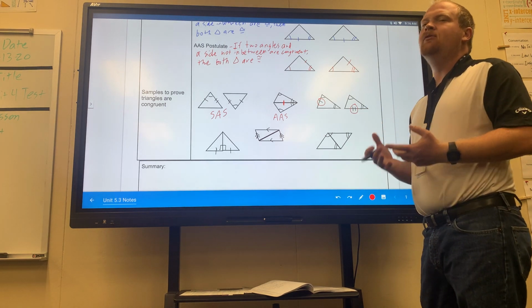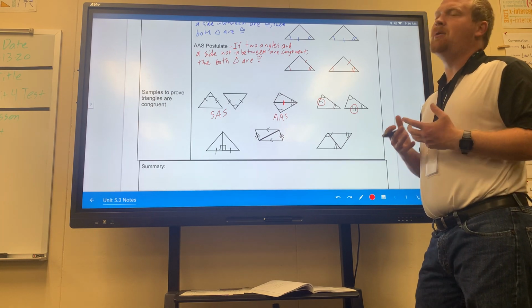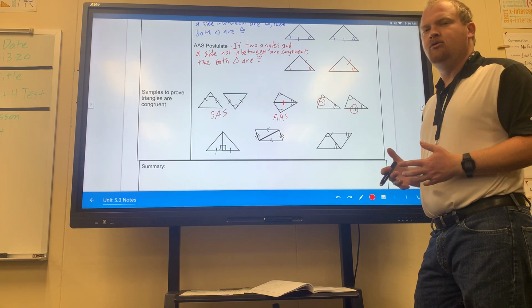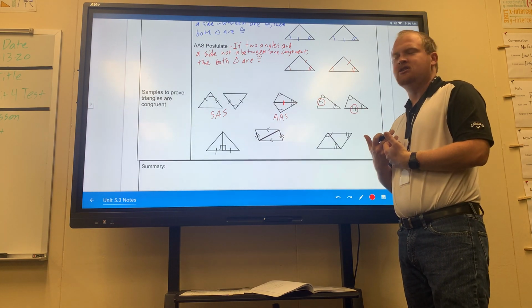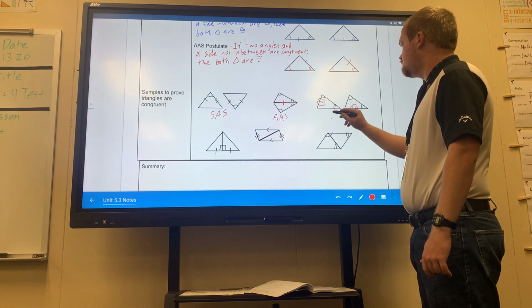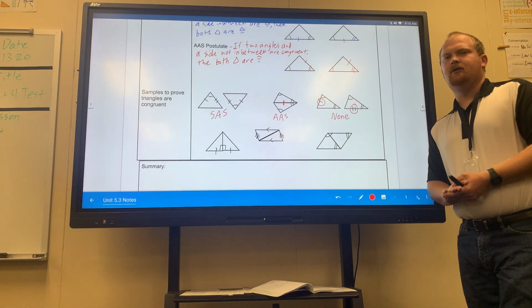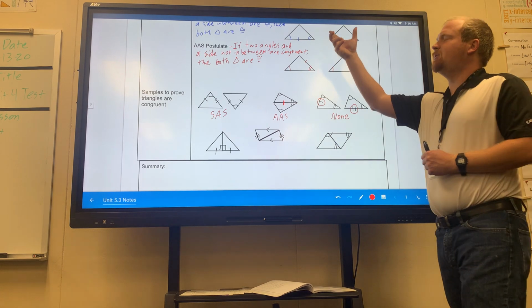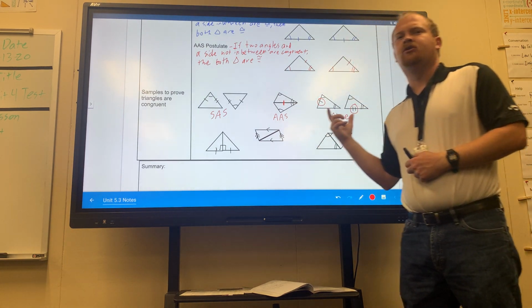There's no way of knowing that for sure. And I'm sure there probably is a theorem and a way to prove it, but we do not have it. We don't know that information yet. So we're going to put none, because none of the theorems that we use can actually help us to prove these triangles are congruent.